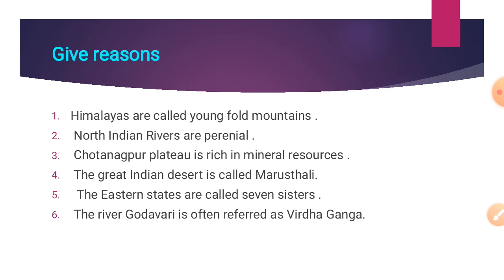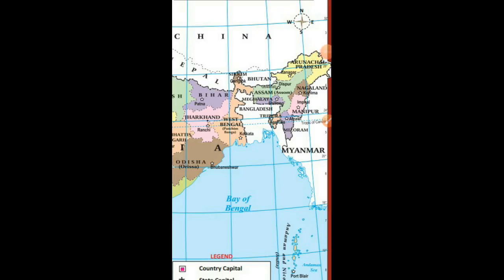That's why it is called Marusthali. Why are the eastern states called Seven Sisters? The states included in the Seven Sisters are Arunachal Pradesh, Assam, Meghalaya, Tripura, Manipur, Nagaland and Mizoram. These 7 states combined together are called Seven Sisters. They are called Seven Sisters because they are interdependent.